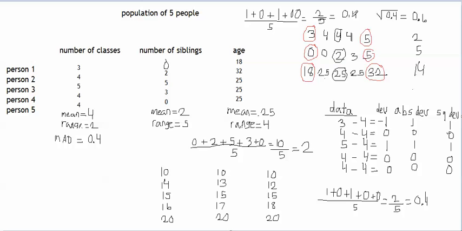And these are actually two other measures of dispersion besides the mean absolute deviation. And we can see that the variance, meaning the mean of the squared deviations, actually came out to 0.4, just like how the mean absolute deviation came out to 0.4.